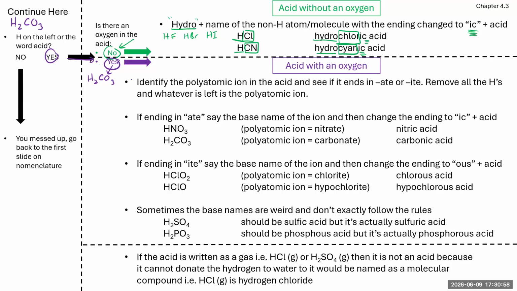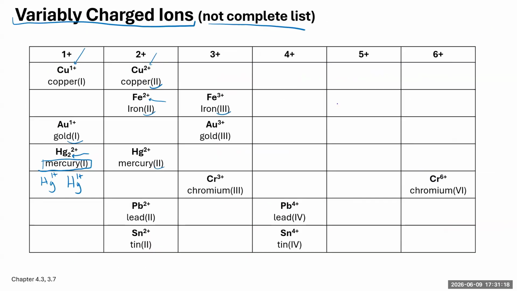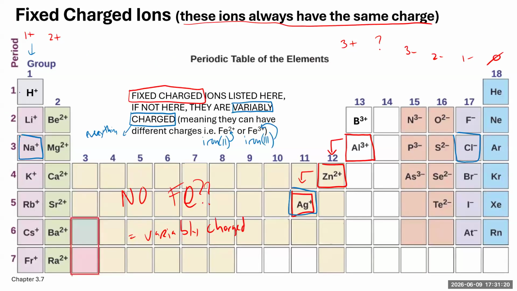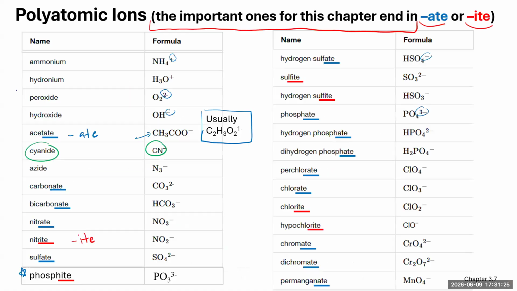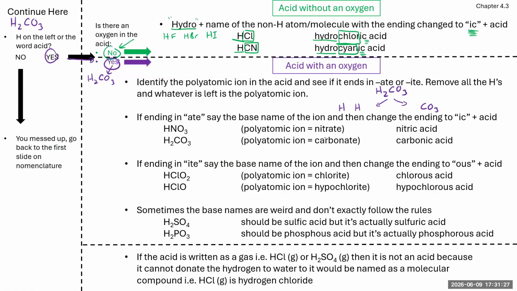So let's do this. We have H2CO3. We're going to remove all the H's. So there's one H and two H, and then we have CO3. We know that H's are always 1 plus. Let's go back to our table and show you. So H's are always 1 plus, so we're going to put 1 pluses on there because there's two of them.